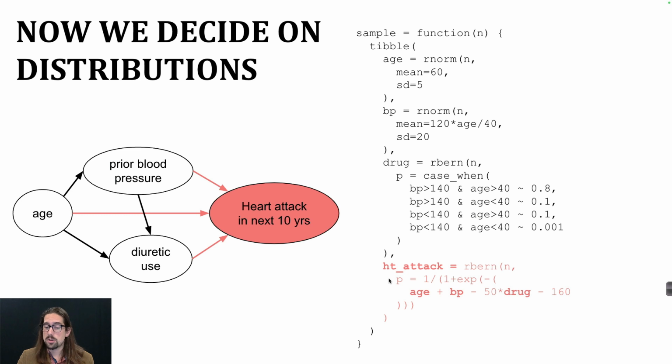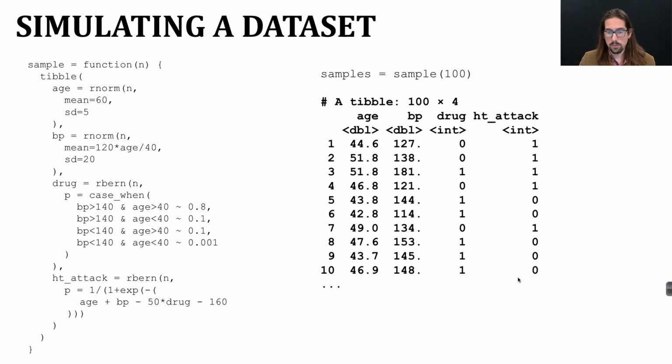People with higher blood pressure are more likely to get heart attacks. But taking the drug, this minus sign is reducing the risk of getting a heart attack. And this term out here is establishing what the baseline risk is if all of these things took some kind of baseline values.